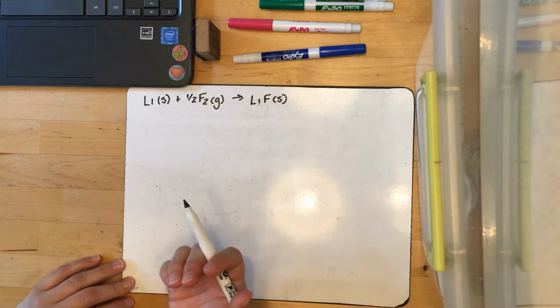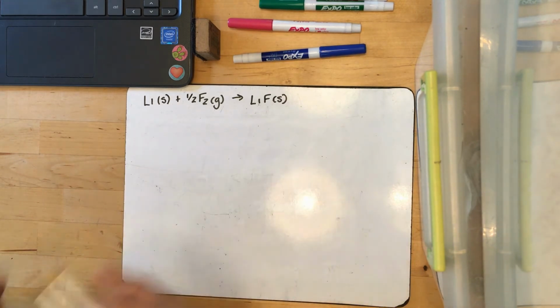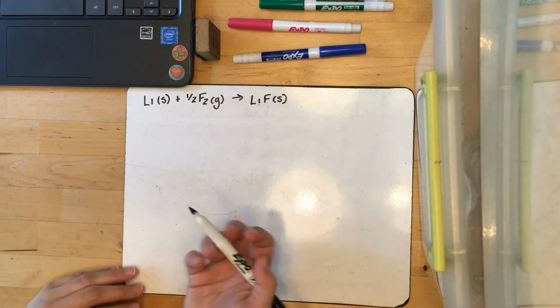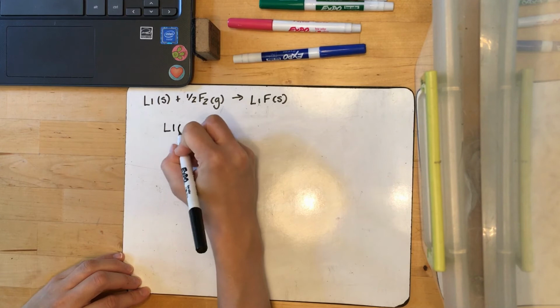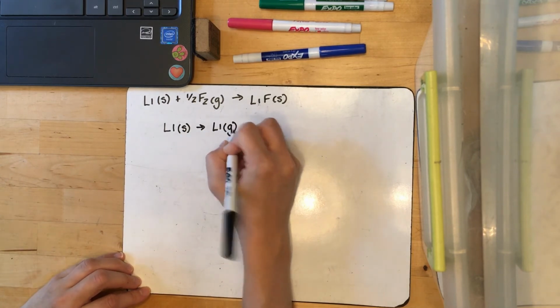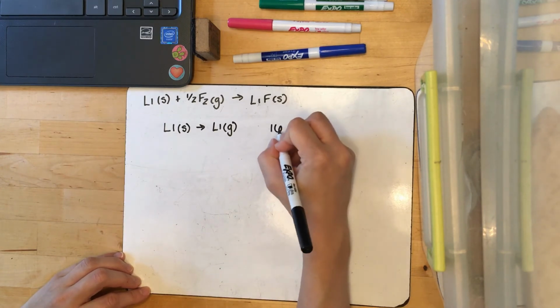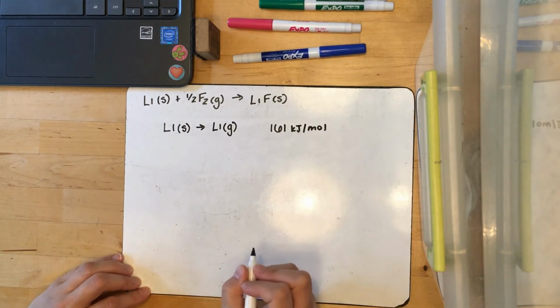The first thing that needs to happen is that lithium needs to become a gas. We call that sublimation. Lithium goes from the solid state to the gaseous state, and we're given in the problem that this takes 161 kilojoules per mole.